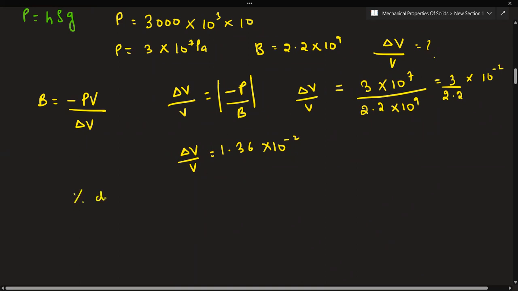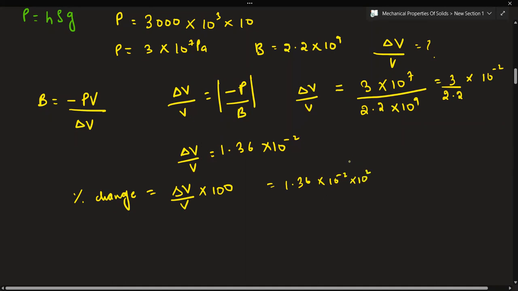And if you have to calculate the percentage change, had the question asked, then how would you have done? Simply multiply this portion by 100. It means delta V by V into 100 would give you the percentage change. So delta V by V is 1.36 into 10 to the power minus 2, into 100 means into 10 to the power 2.